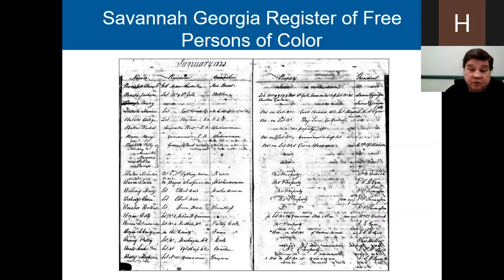But as I mentioned before, every African American before the Civil War was not enslaved. There were a substantial number of free people. Now, they tended to congregate in certain places, primarily places like Savannah or Charleston, Richmond, Baltimore.